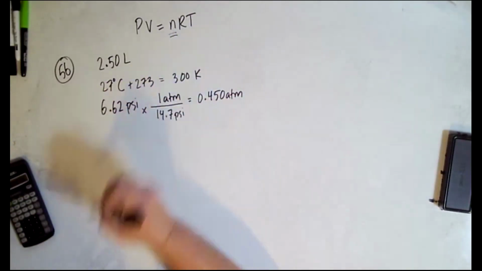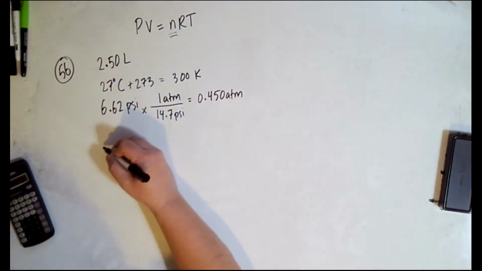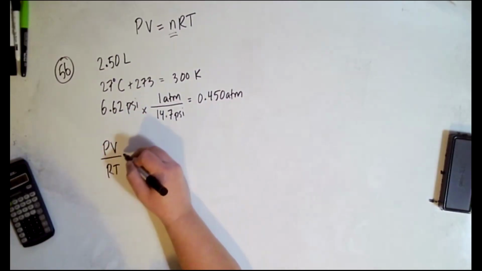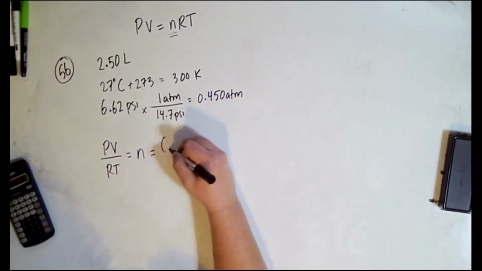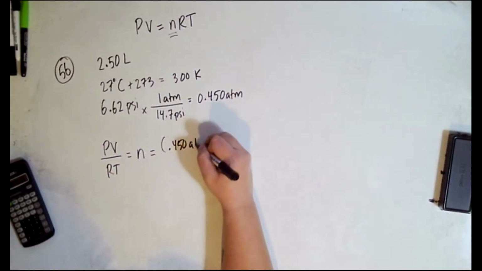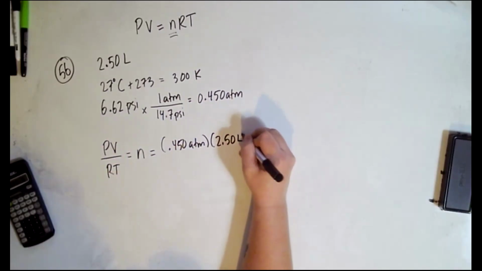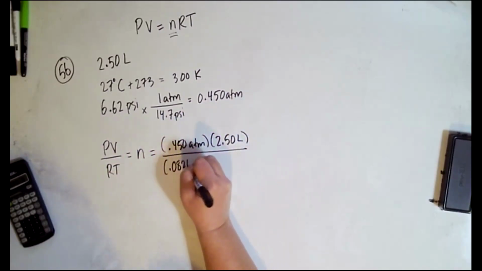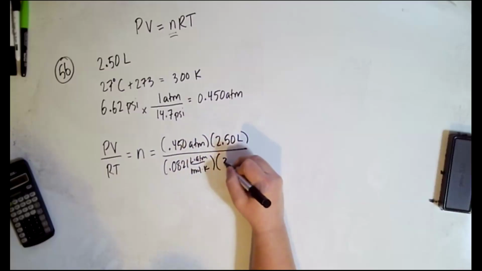Okay, so now we can solve our ideal gas law for moles. So we'll divide both sides by RT, and we'll end up with PV divided by RT equals n. So that'll be 0.450 atm times 2.50 liters divided by 0.0821 times 300 Kelvin.